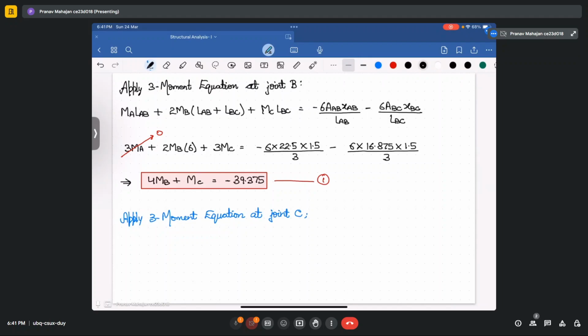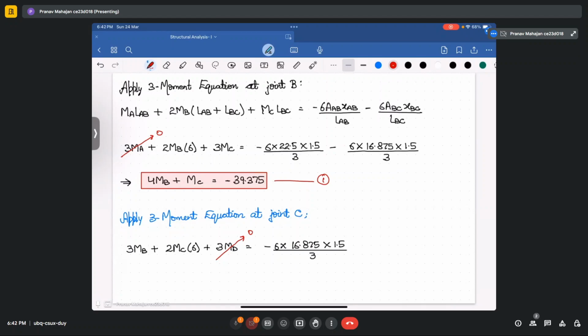First is MB, so it will be 3MB plus 2MC into 6 plus 3MD minus 6 into 16.875 into 1.5 divided by 3. This is for span BC. Now span CD, there is no load acting, so that will be equal to 0. So in this, MD is also equal to 0.